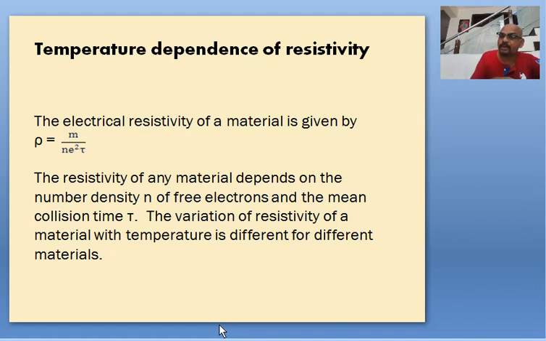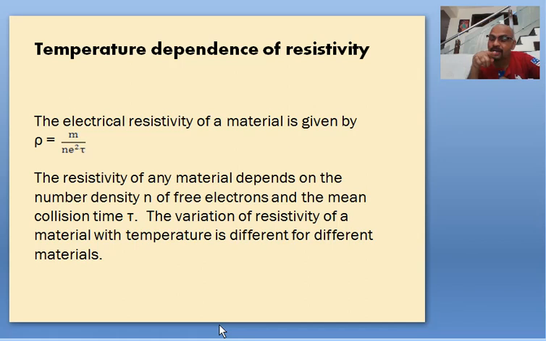So rho is equal to m divided by n e square tau. Now notice that in the equation of resistivity, m, the mass of the electron, is constant, and e, the charge on the electron, is constant.